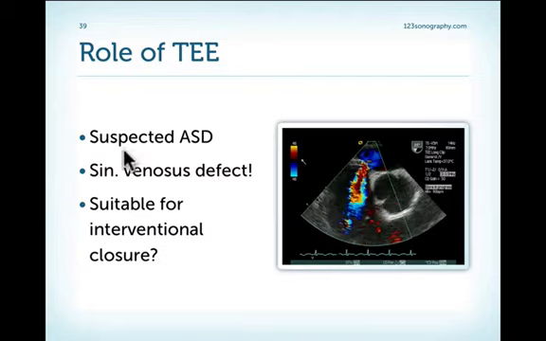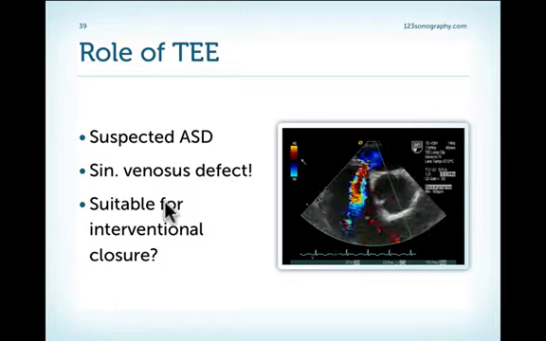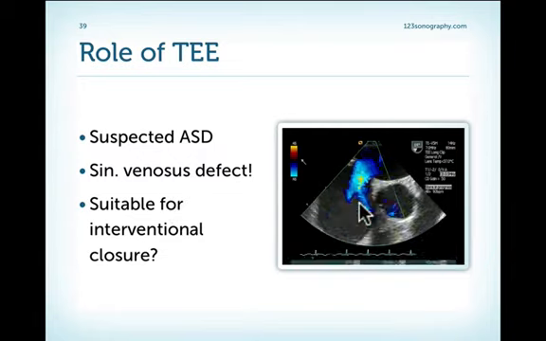We'll again, in particular, look whether there is a sinus venosus defect, and look at the drainage of the pulmonary veins. A very important role of TEE, of course, is when it comes to the question whether a defect is suitable for catheter intervention. Again, the size of the defect is critical here, and we will see more details about this evaluation later.